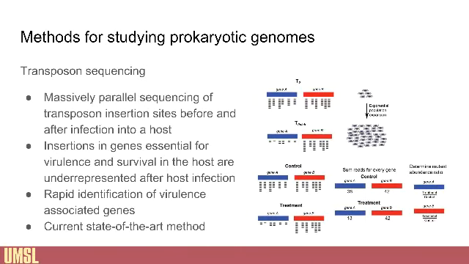I expose them to some shift in the environment, and I see the frequency of insertions go down in gene A compared to gene B. So I might say that by comparison gene A is more important for this particular environment, because if you lose function in gene A, you're less fit. There are fewer of these mutants that survive after exposure over some time.